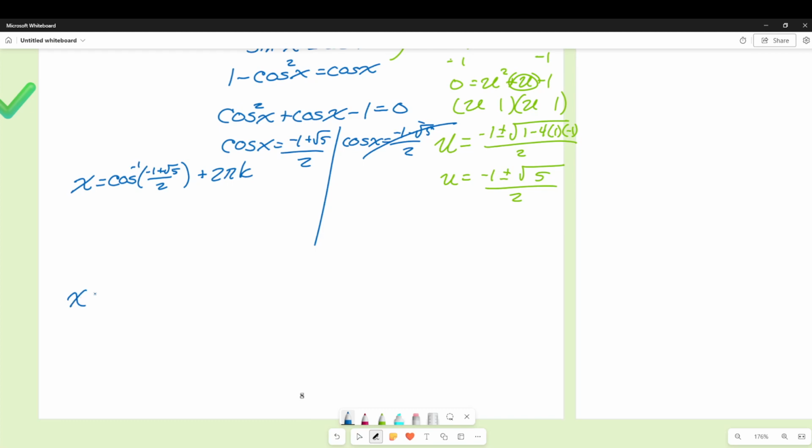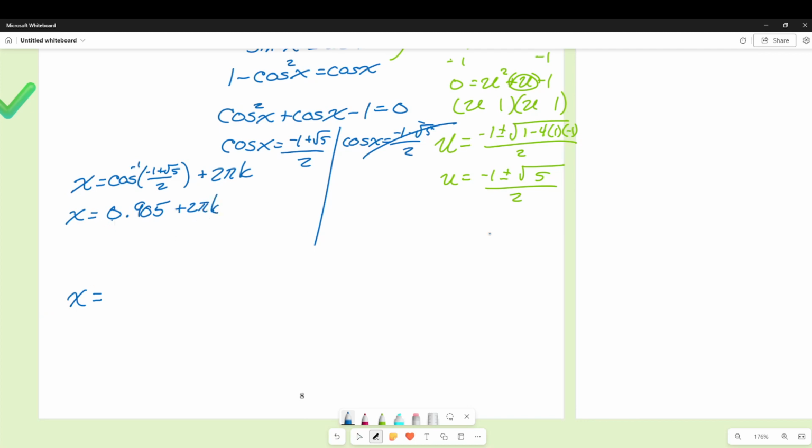But we're also going to need the secondary answer, so we might as well turn that into a value. So the cosine inverse of -1 plus the square root of 5 over 2, if you grab your calculator, is going to give you 0.905-ish. So that plus 2 pi k.